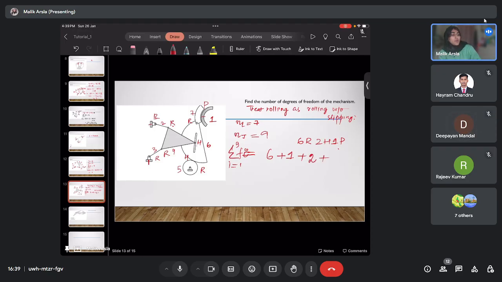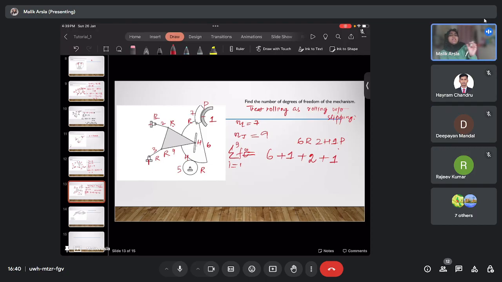What about this rolling pair here? How many degrees of freedom will it have? 1 degree of freedom. Why 1? Can someone tell me? Ma'am, only rolling. Yeah, if I just fix the rotation, then the translation is automatically fixed. So this will also have 1.